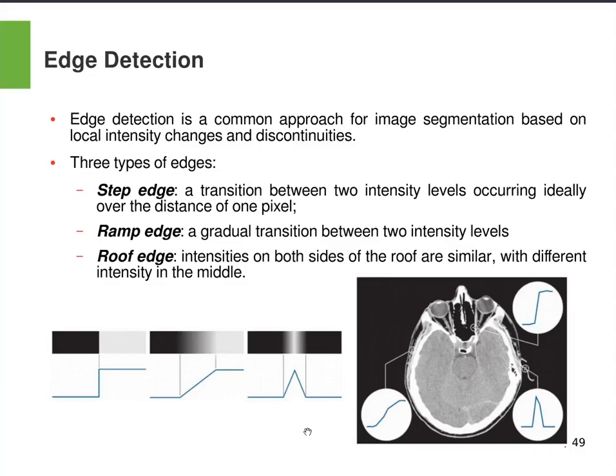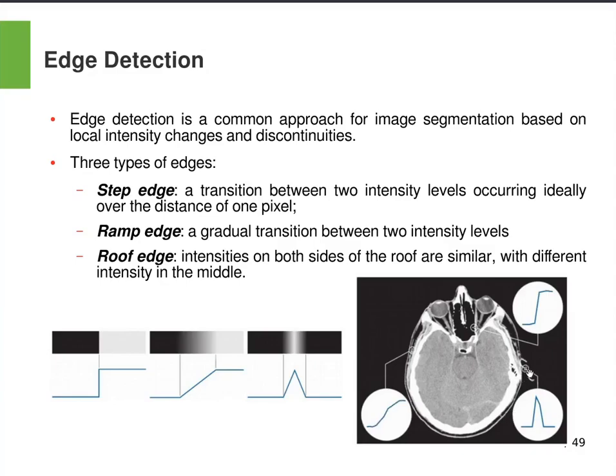So let's see what we can expect in real images. Here we have a real CT image of a brain. If you look closely in this region, we have a rough estimate of a ramp edge. We have a smooth transition between two intensity values.